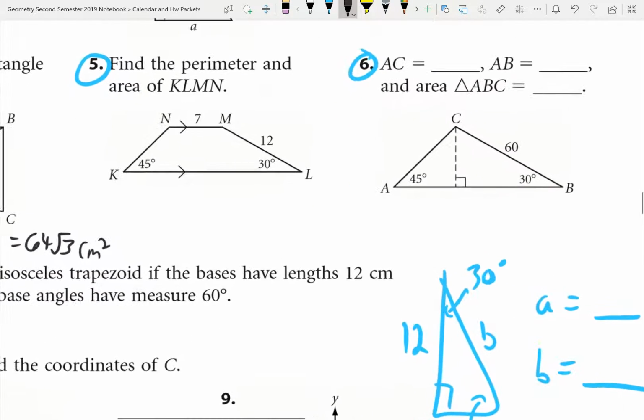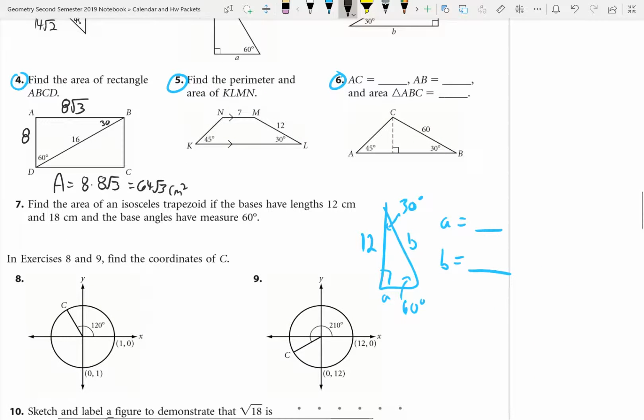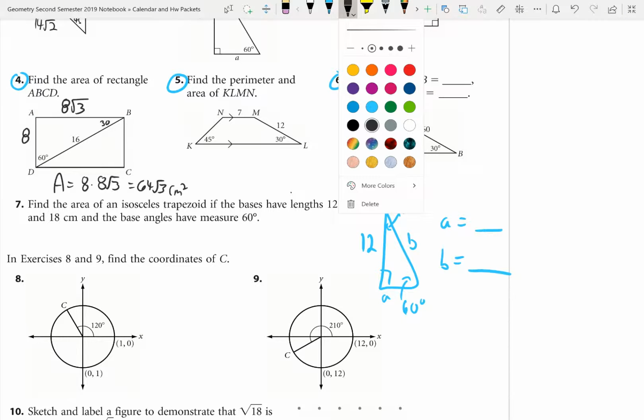Okay, find the perimeter, and I'm going to go ahead for this one here. Start erasing some of these here.